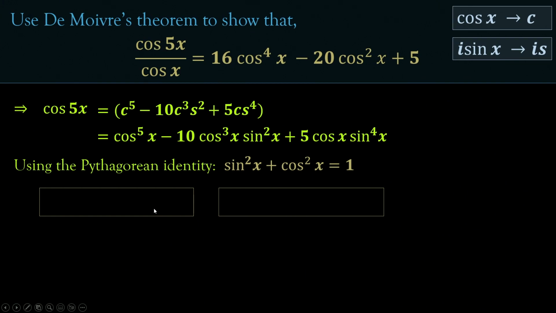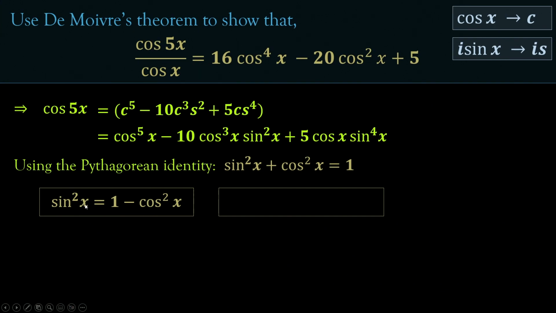I need to do that because this question gives us all the terms in terms of cosine. There is no sine appearing. It means that everywhere where there is a sine, I have to remove it and try to replace it with cosine. All right, so that's why we are using the Pythagorean identity.